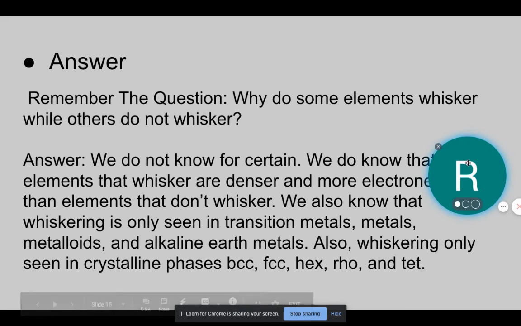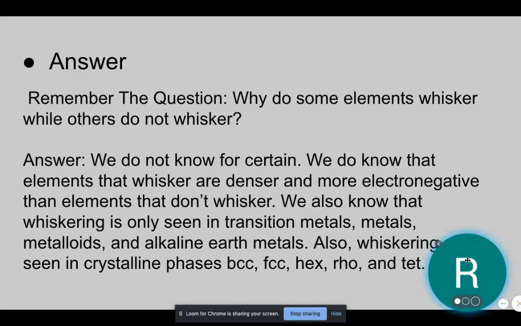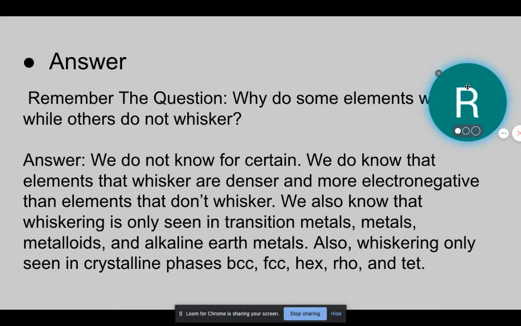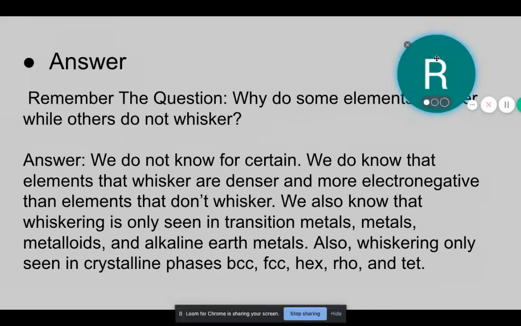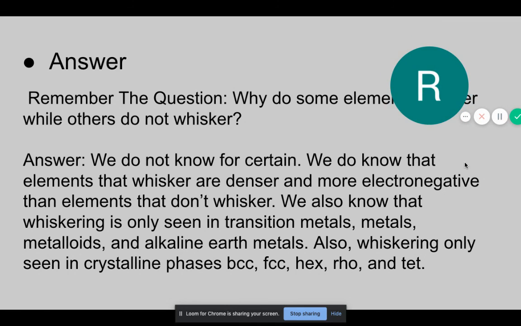And so in answer to our original question, remember the question, why do some elements whisker while others do not whisker? Our answer is, we do not know for certain. We do know that elements that whisker are denser and more electronegative than elements that don't whisker. We also know that whiskering is only seen in transition metals, metalloids, and alkaline earth metals.